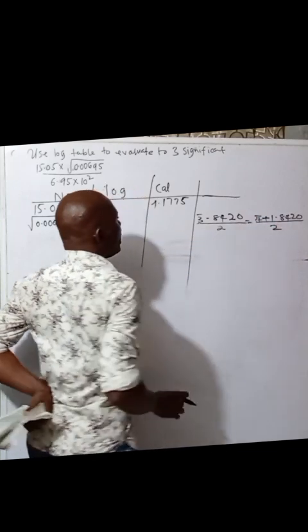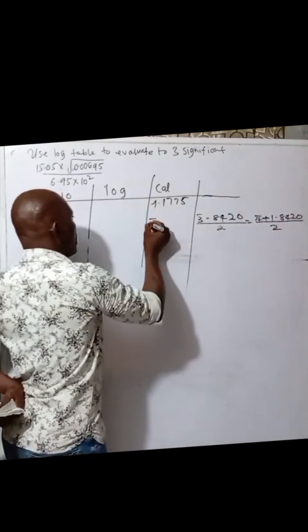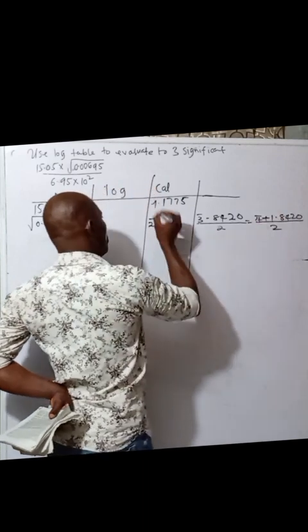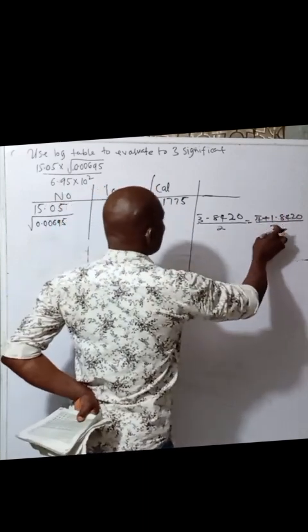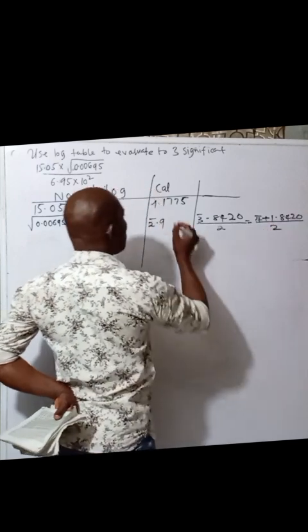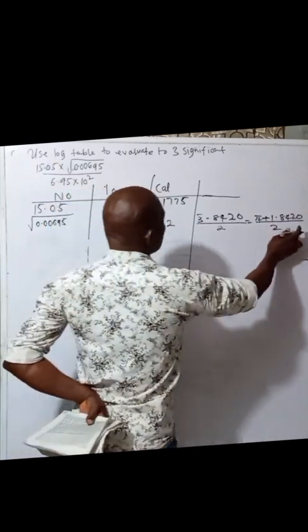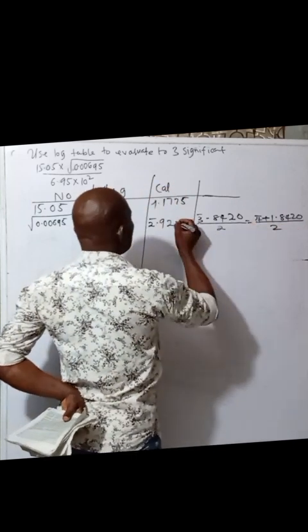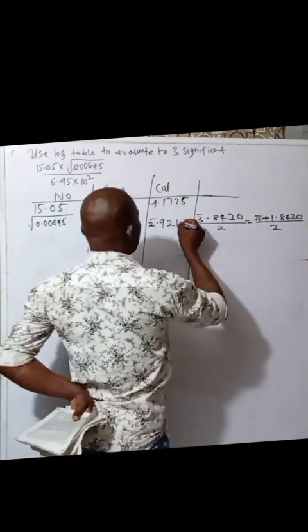So 2 in bar 4 will give us bar 2. Here 2 in 1 is not possible, so we'll put a decimal point here, so it will become 18. 2 in 18 is 9. 2 in 4 is 2, and 2 in 2 is 1. So 2 in 0 is 0 here.